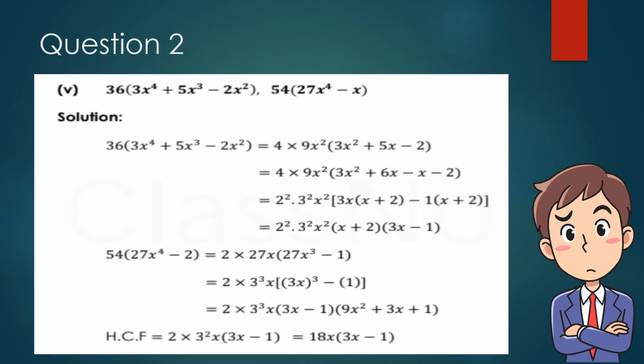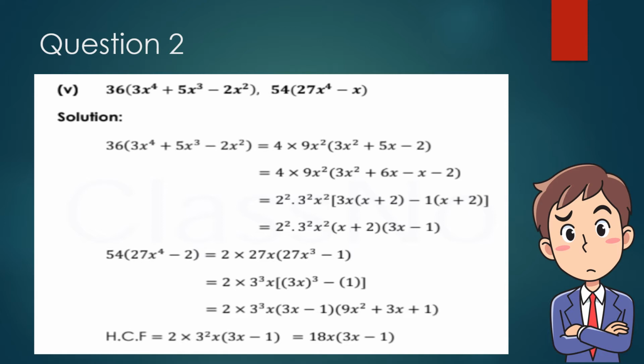We will be left with 3x square plus 5x minus 2. Now we will apply midterm method here. So we will be left with x plus 2 and 3x minus 1. So the factorization will give you 2 square into 3 square into x square into x plus 2 into 3x minus 1.